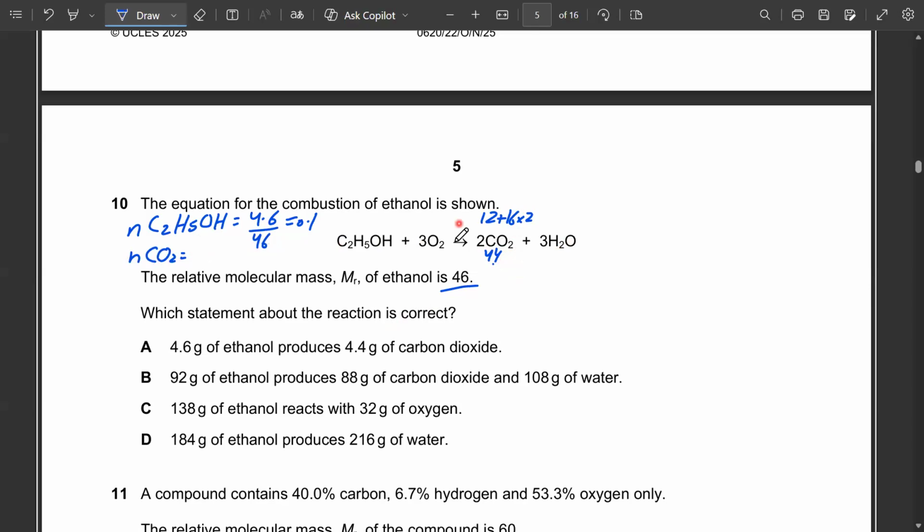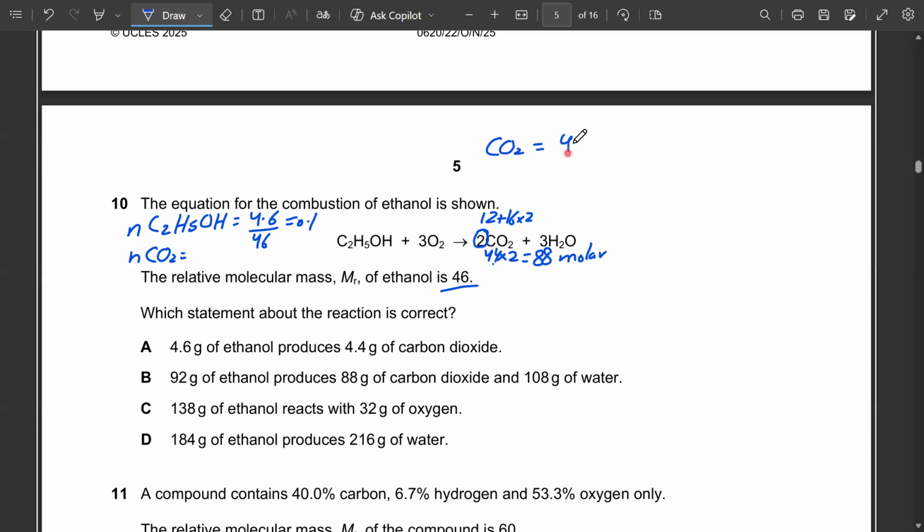At the same time we must understand there are two moles, so this 2 must be multiplied with the MR to get the molar mass. So 88 is the molar mass. Be mindful of the difference here. For carbon dioxide, 44 is the MR and 88 is the molar mass.